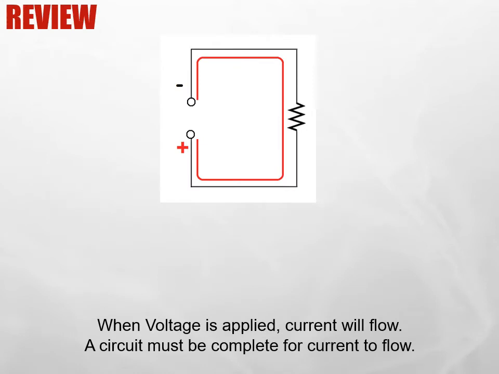So far, we've already gotten familiar with a basic circuit and the basic identities of a circuit, such as the potential difference in voltage between 2 points, such as our voltage source, E or V, measured in volts.